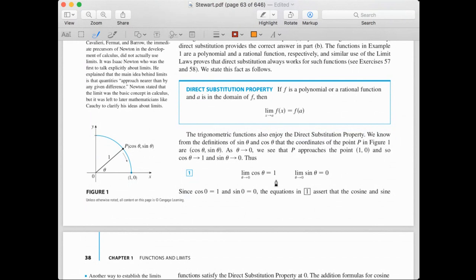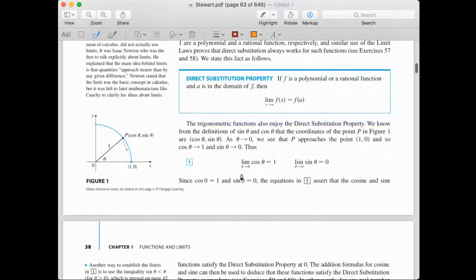Let's see these two examples. The limit as theta goes to 0 of cosine theta, right? This is not a polynomial function, but it's sine and cosine. We know sine and cosine are continuous, right? Continuous functions at any real number. So we just plug in cosine 0. Cosine 0 equals 1, so the limit is 1. And sine 0 is 0, so the limit is 0.